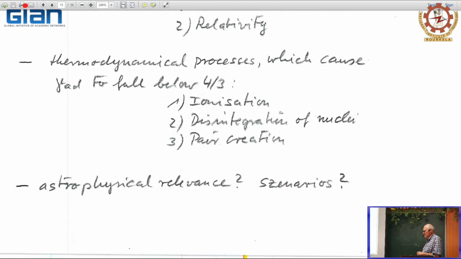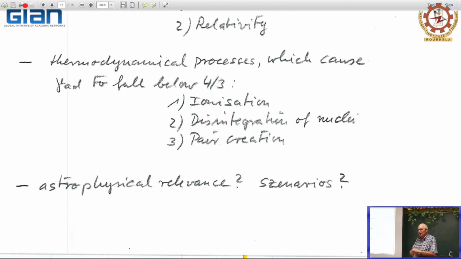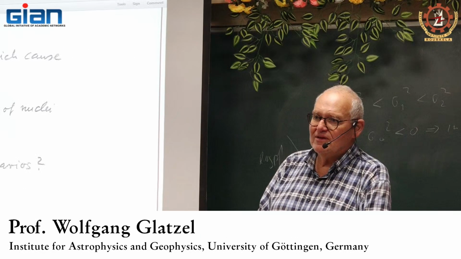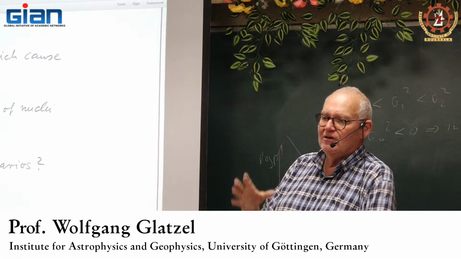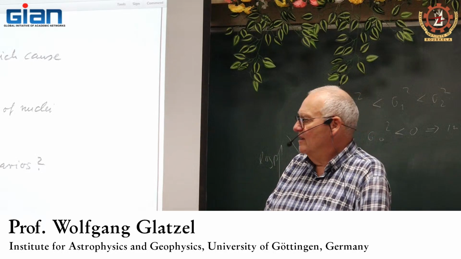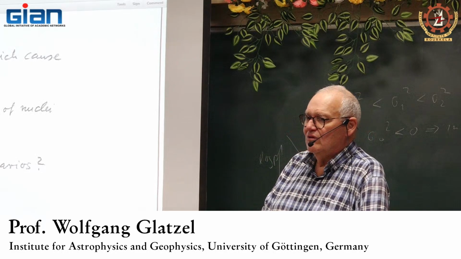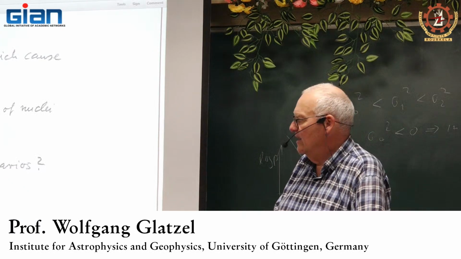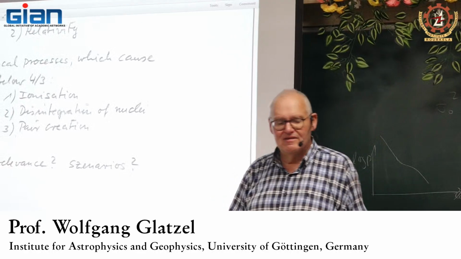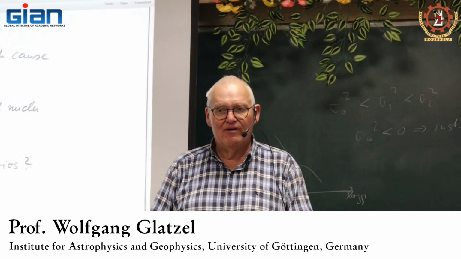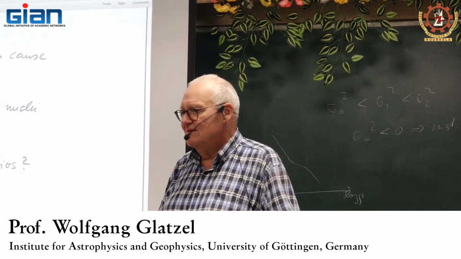So it's really important. The scenarios are simply the collapse of the cores of massive stars forming supernovae, or the collapse of white dwarfs once they reach the Chandrasekhar limit and gamma is exactly 4/3. Then only a small kick is necessary to lead to the collapse of the object. So the astrophysical relevance, of course, is the final fate of stars. It's supernova explosions of type 1 and type 2.